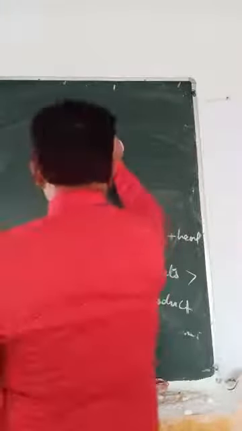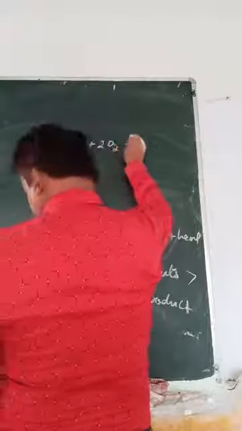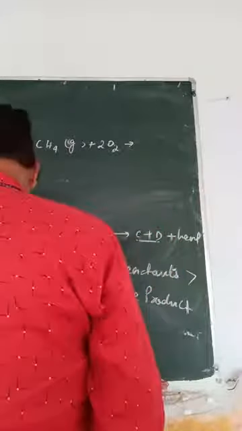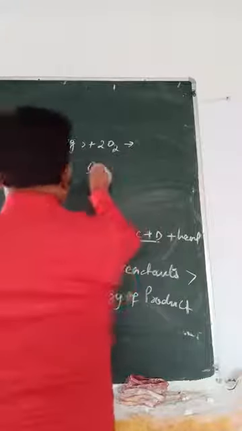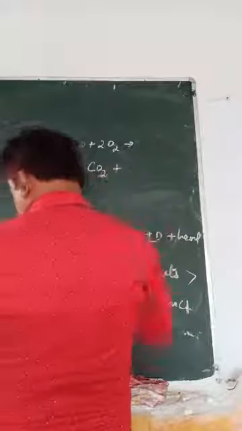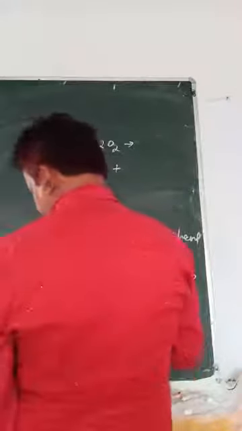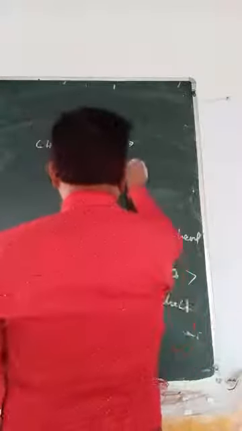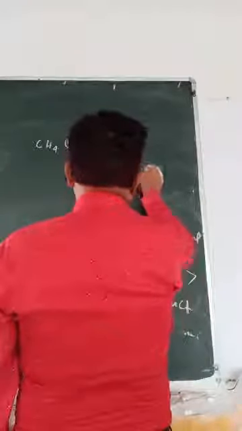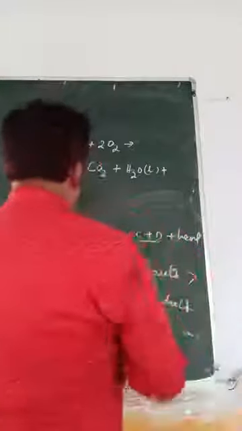Let me write the balanced equation: CH4 plus 2O2 gives you carbon dioxide plus 2H2O, water, a liquid, plus 890 kilojoules of energy.